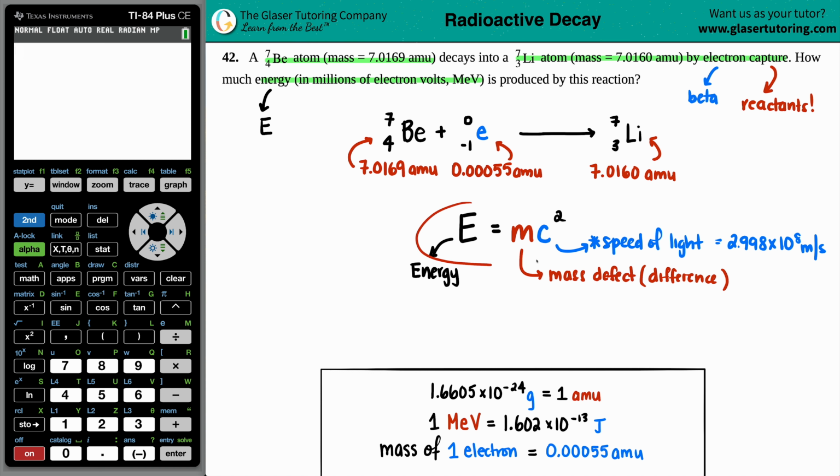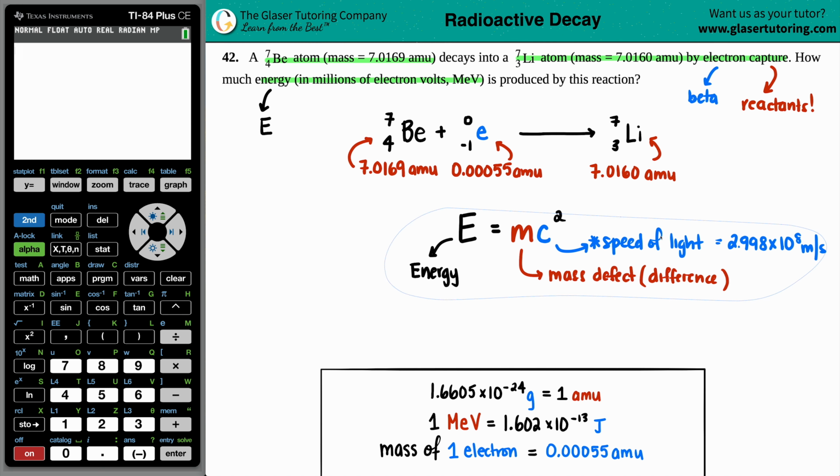So what Einstein brought up, and that's whose formula this is, Mr. Albert Einstein's, is that the difference, the leftover mass, gets converted into energy. So we have to find out how much energy was lost during this process.